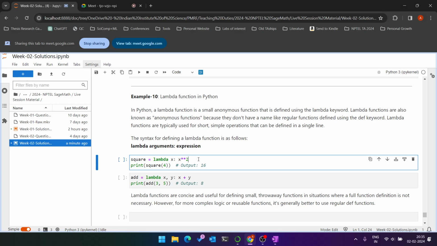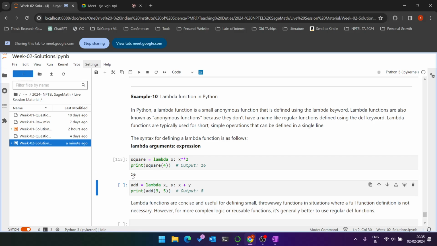If I run this and print square of 4, I expect my output to be 16. Another example is that lambda can take multiple arguments. Suppose I create a new function called add, which takes two arguments x comma y and returns x plus y. Then my add becomes a small quick function.